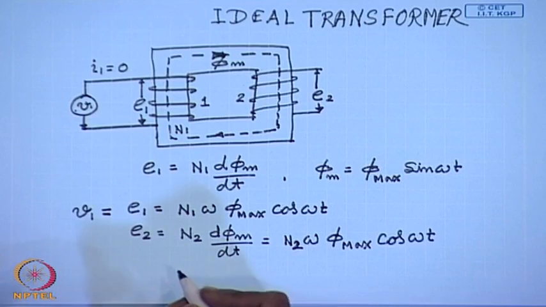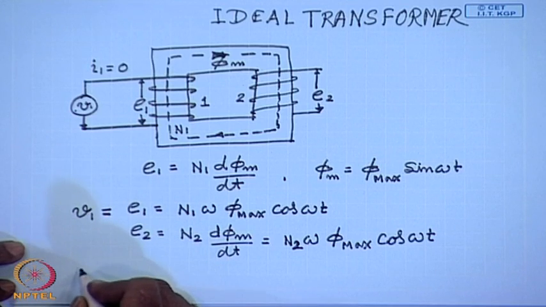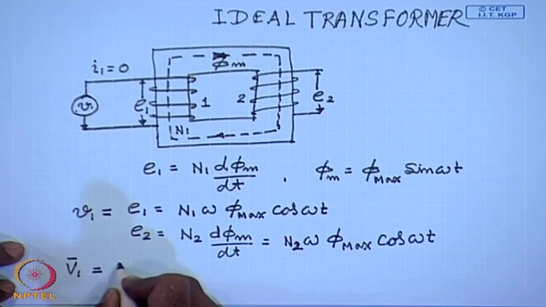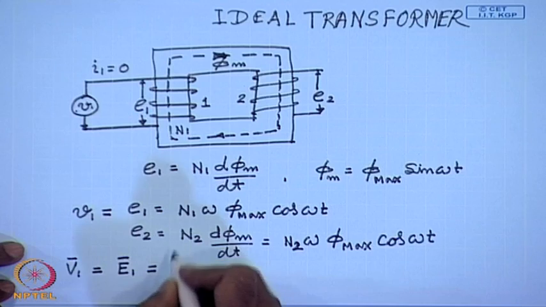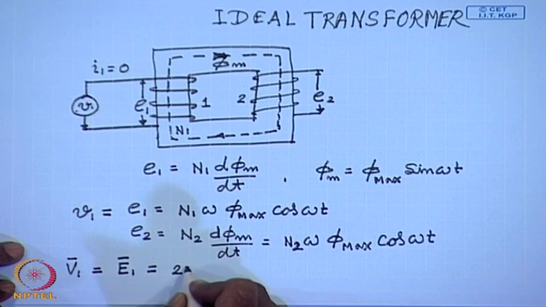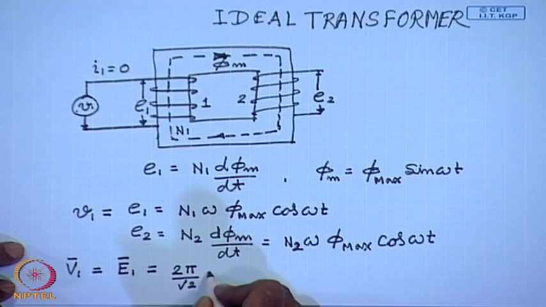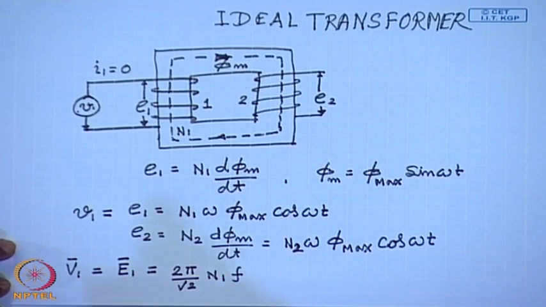If I write in phasor notation, that is, I want to find out the RMS value of E1. So, V1 equal to E1 equal to 2 pi by root 2 N1 f phi max.